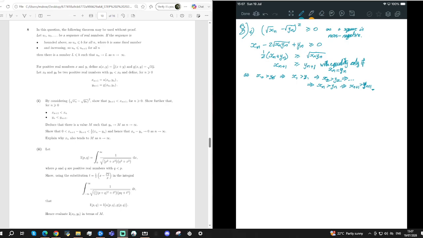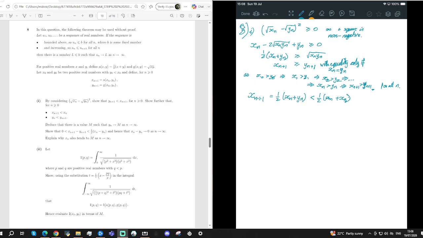Okay, show further. We want to show that xn plus 1 is less than xn. Well, now we have xn plus 1 is defined to be half the sum of the previous, but we know that this is less than half xn plus xn, for all n up here.